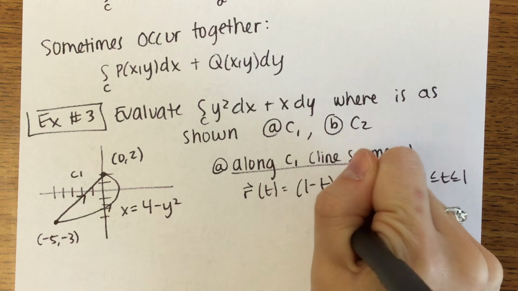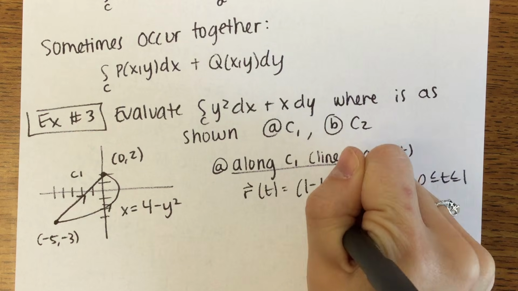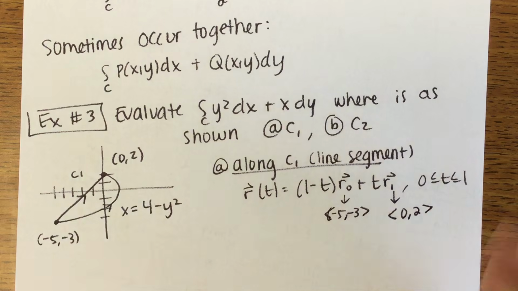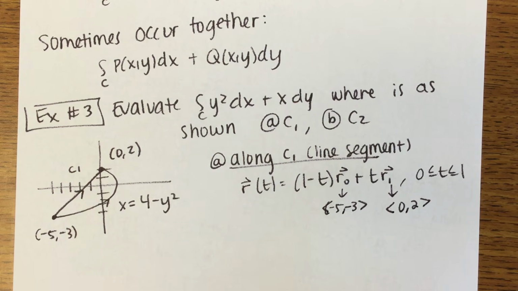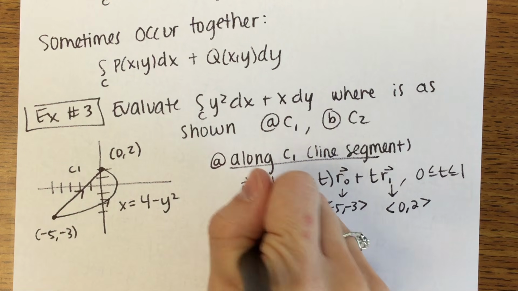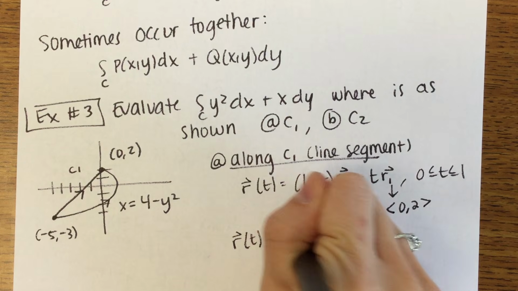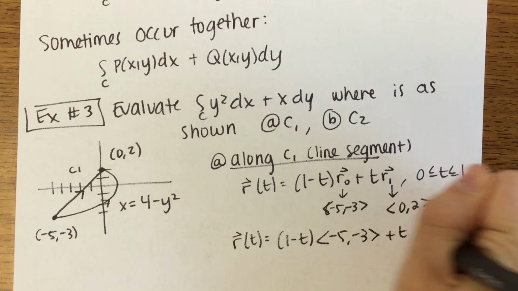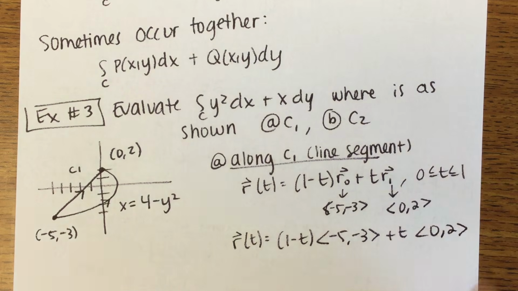r0 is where you're starting, in which case (-5, -3). r1 is where you're ending, so (0, 2). So r of t is (1 minus t) times the vector (-5, -3) plus t times the vector (0, 2).